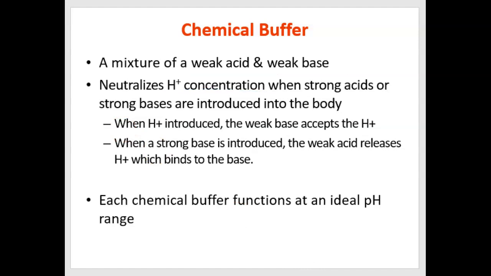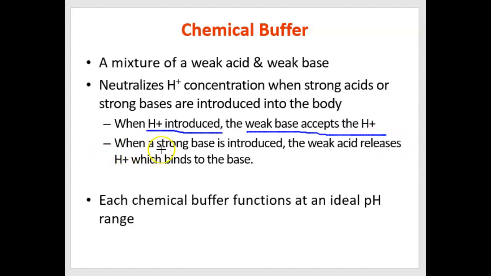So when a strong acid is introduced to the body in some fashion, that means that hydrogen ions are increasing in the body. And so the weak base of the chemical buffer will bind to those hydrogen ions and take them out of solution, thereby raising the pH.